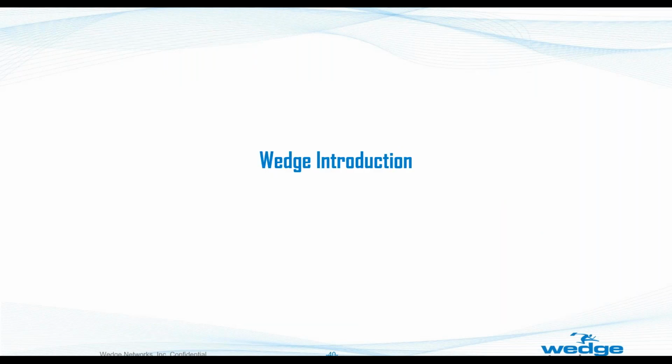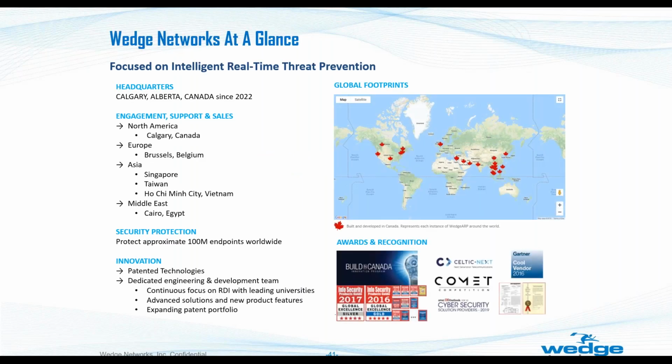Finally, let's end with a brief introduction to our company, Wedge Networks. Wedge was founded in 2002 and is headquartered in Calgary, Alberta, Canada. Our technology platform holds numerous patents, and is backed by a strong R&D team and leading Canadian universities, our partners.